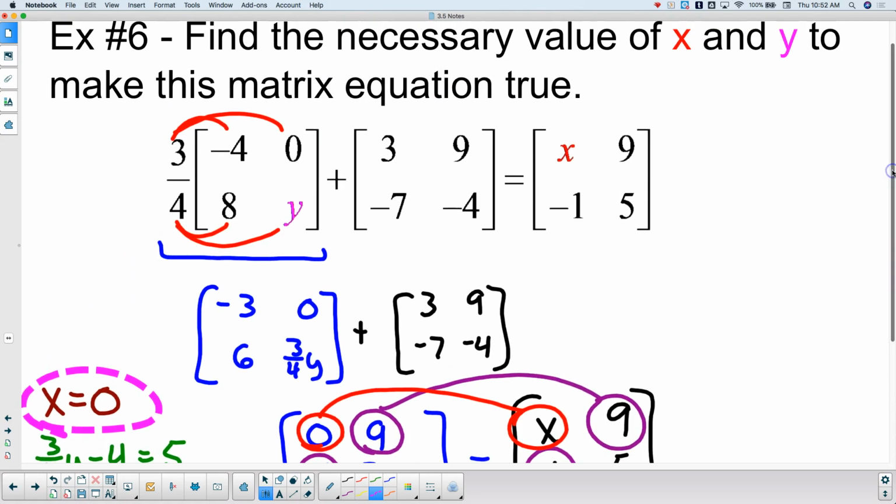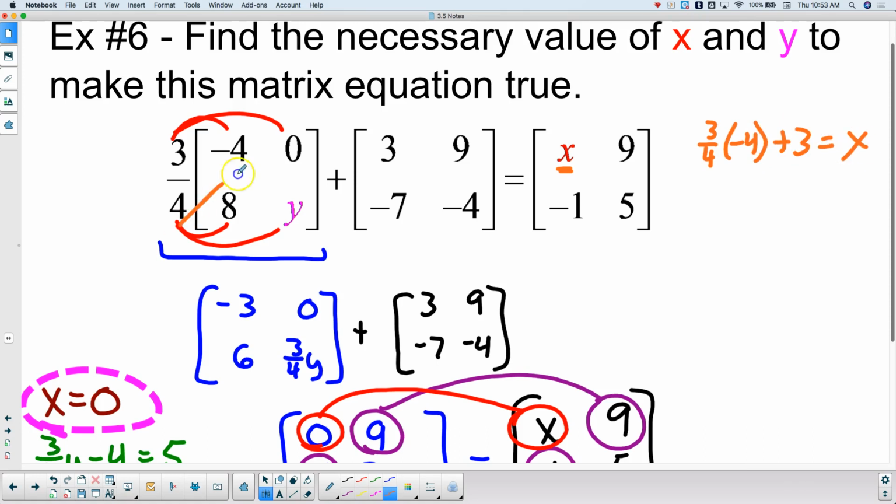Another way is you can do this math. Because really you're only concerned here because you've got a 2x2 plus a 2x2 equals a 2x2. So you know the corresponding positions are all going to be equal. So since x is up here in row 1, column 1, I take 3/4 of -4 and I add that to 3, and that's got to be x.